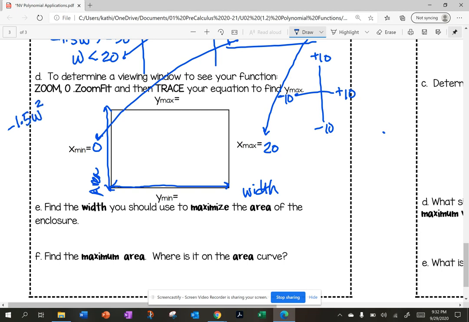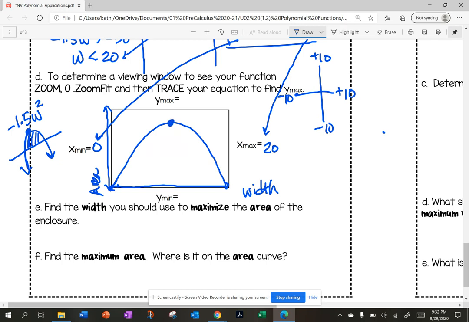So I know I have a degree 2 function, so it's quadratic. Since I have a negative coefficient, I know it's going to open upside down. So for my area, I know I'm looking for some type of shape that looks like this, and I'm looking for the maximum here.